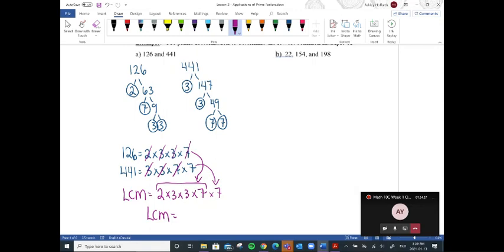So we get 2 times 3 times 3 times 7 times 7, which gives us 882. So that represents the smallest number that would exist in the multiples lists of both 126 and 441.